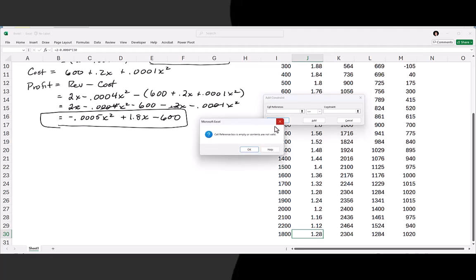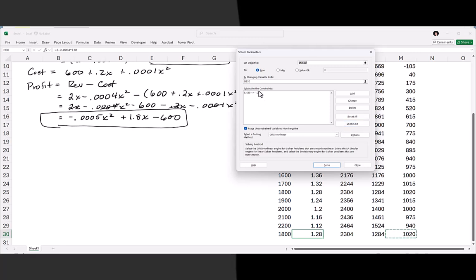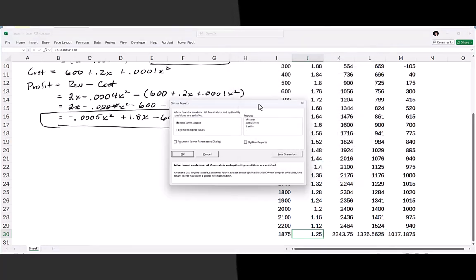And hit OK. Cancel that last one. Yes, I hit add twice. So there's my constraint and ask it to solve.